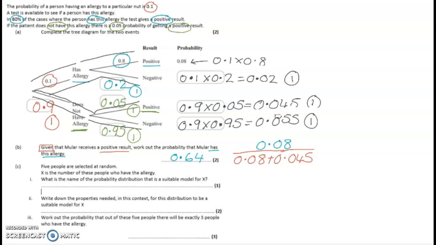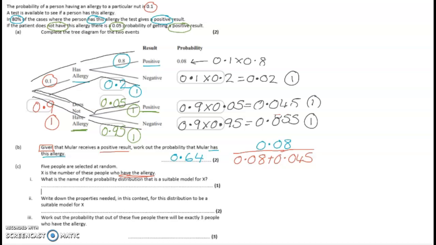Part C. 5 people are selected at random. X is the number of these people who have the allergy. What is the name of the probability distribution that is suitable for model X?